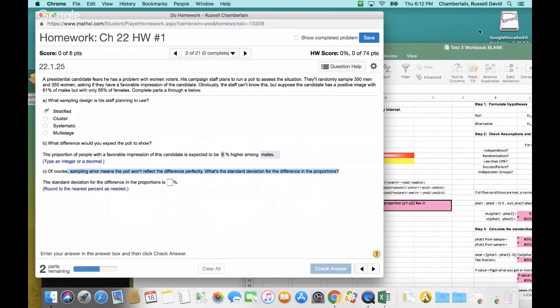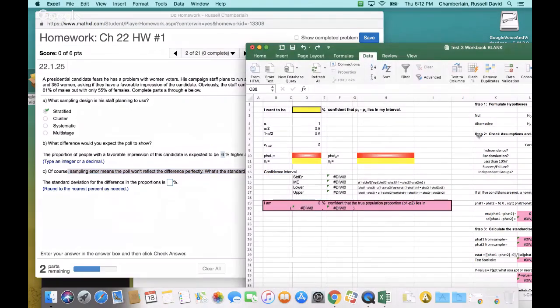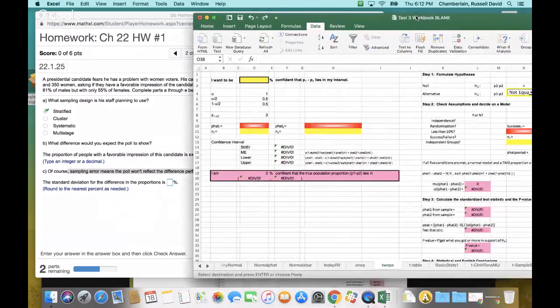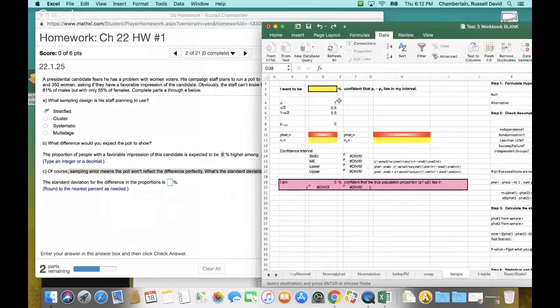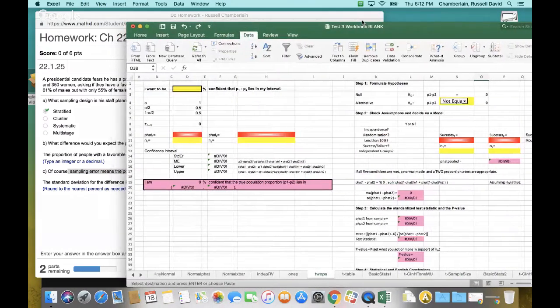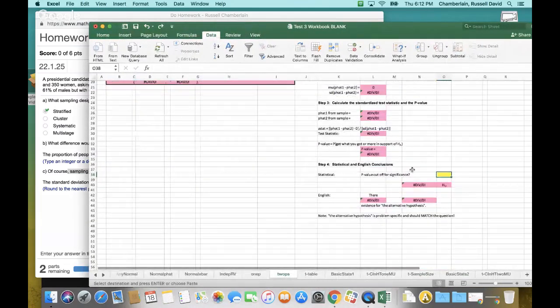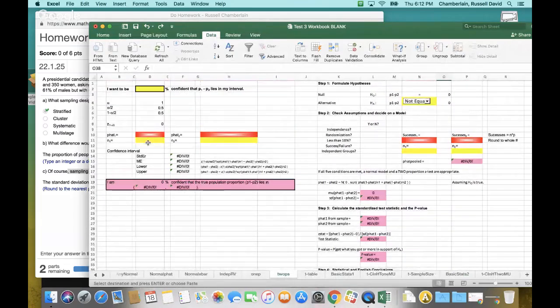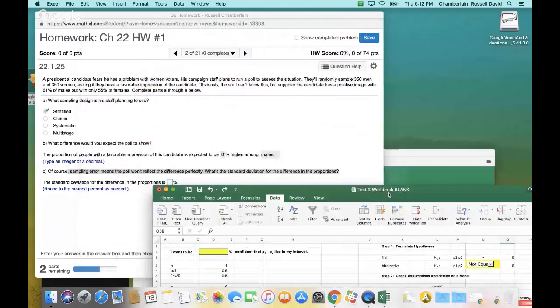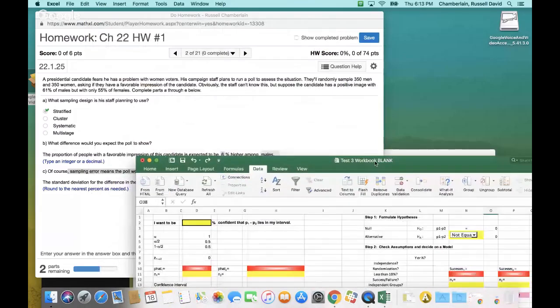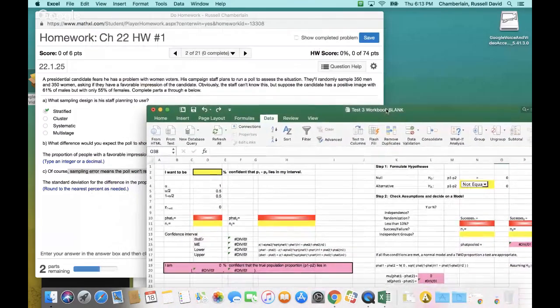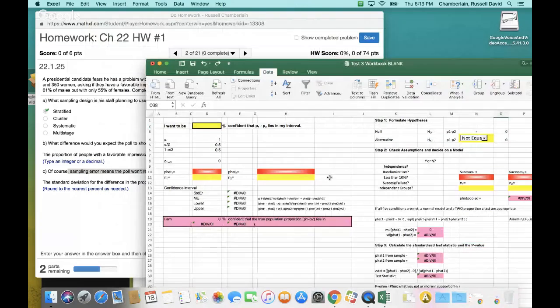Okay. I think it's time for the workbook. This is not the standard, or this is not an issue for this, right? Wait a minute. 2 p's? I have 2 proportions. Okay.